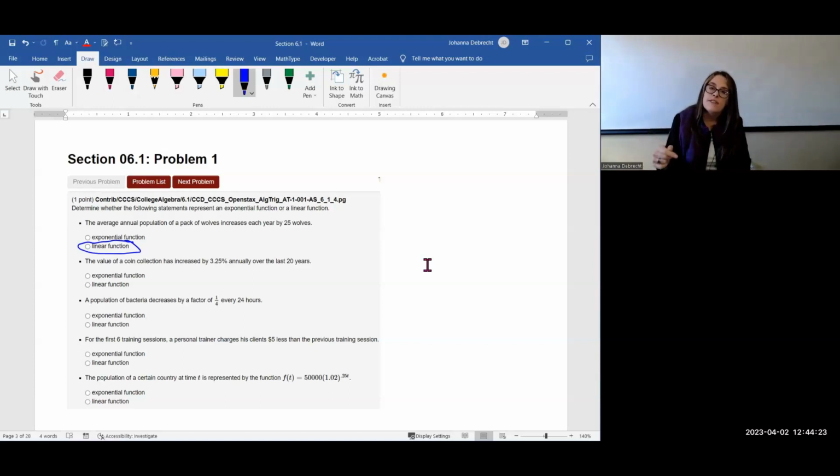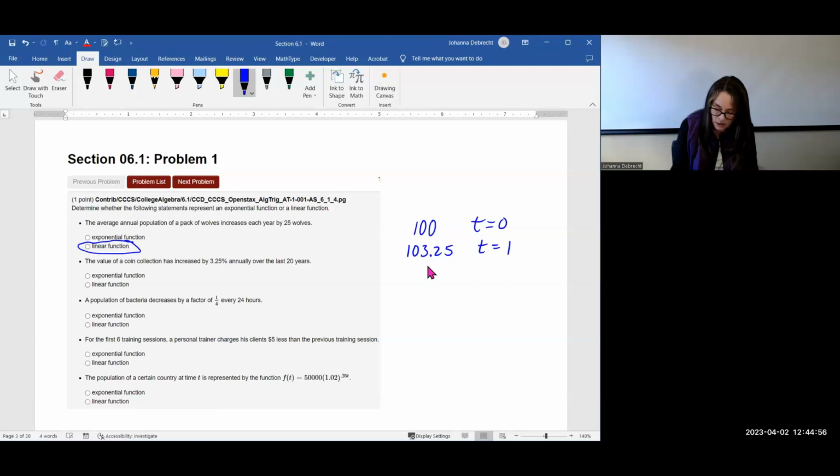Now, the value of a coin collection has increased by 3.25% annually over the last 20 years. Now, that's 3.25% of what was there before at the end of the year. So at the beginning, let's just say there's $100, and this is when t equals 0. Then the next year, it increases by 3.25%, which is $3.25. So we have $103.25 at the end of t equals 1.